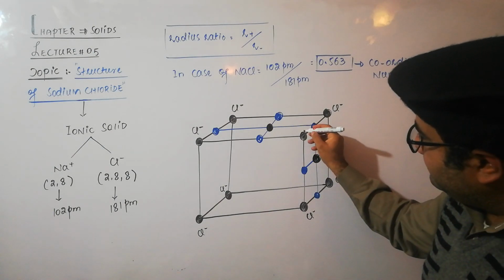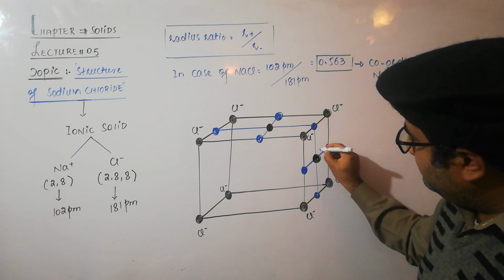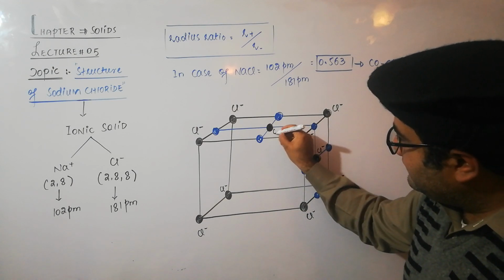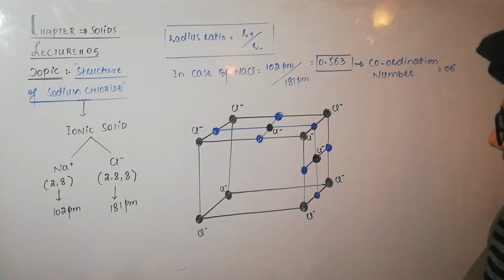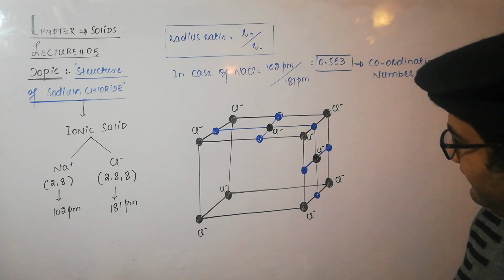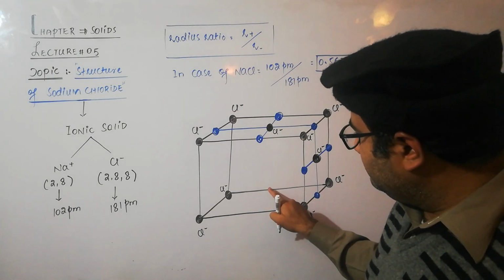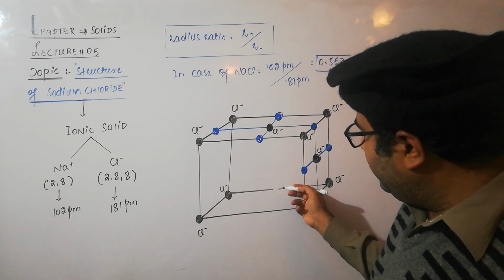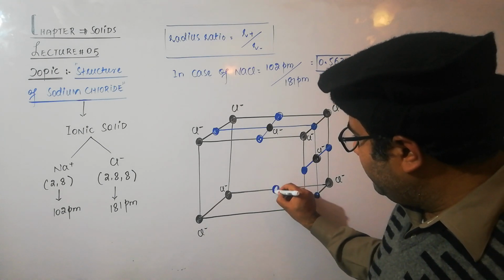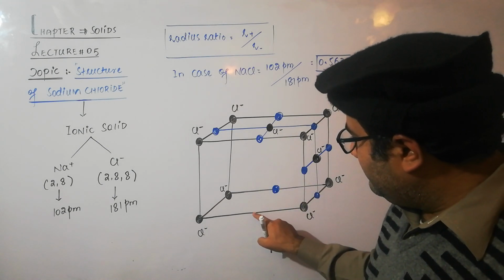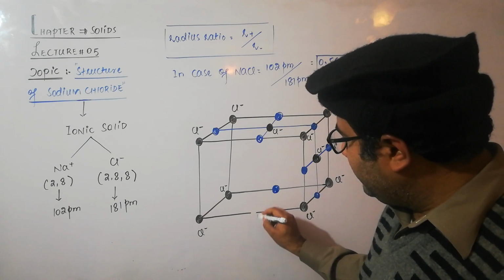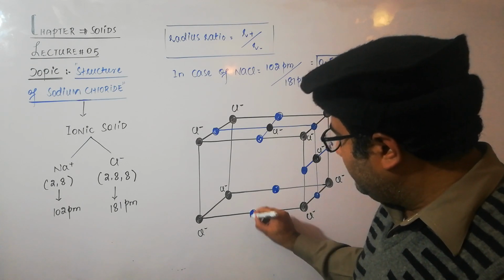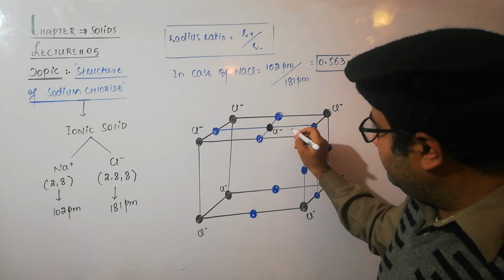So these are the chloride ions shown with the black. Again, between these 2 chloride ions place a sodium ion. Between these 2 chloride ions again place a sodium ion. And now join them.